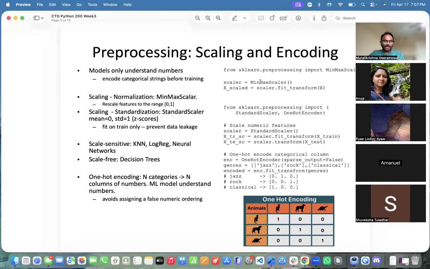In pre-processing, we have normalization. That's one type of scaling. Let's say you have different features. One feature is on a scale of 0 to 10. Let's say the second feature is the house price, which is on a scale of 100K to 500K.